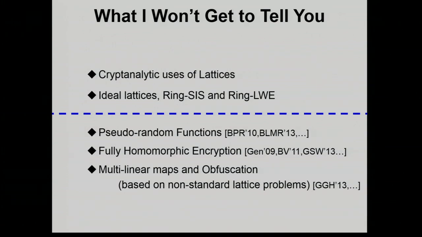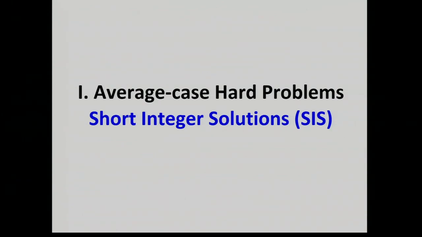I won't tell you about a special class of lattices called ideal lattices, although maybe Sanjam or Shai will get to it in their talks. I won't tell you about constructions of several other cryptographic primitives: pseudo-random functions, fully homomorphic encryption, which Shai will get to, and multilinear maps, which Sanjam will get to. So I'm not too unhappy that I'm not going to talk about it.